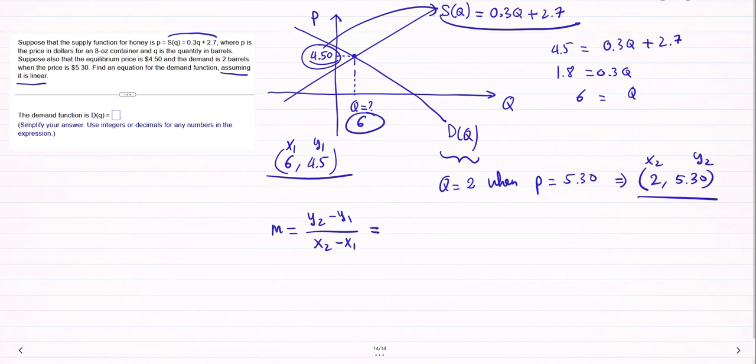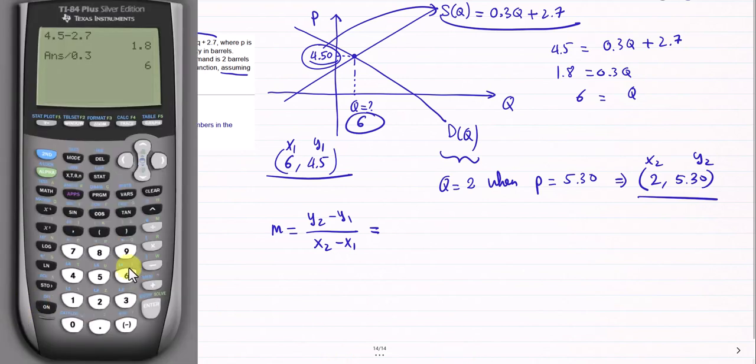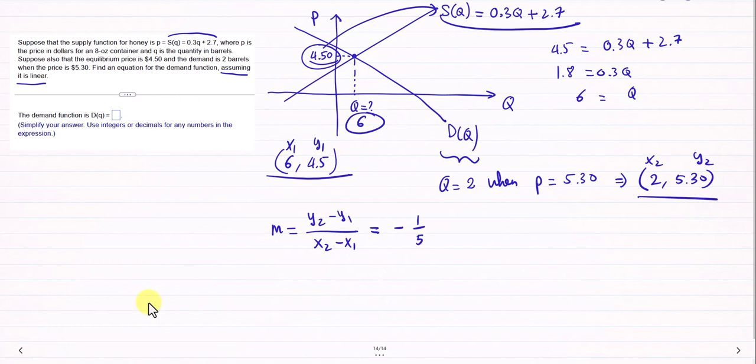And we can just use any calculator to do that. y2 is 5.3 minus y1, which is 4.5, and divide by x2, which is 2, minus x1, which is 6. That will give me minus 0.2. If you want to convert that to a fraction, it's minus 1/5, or minus 0.2.